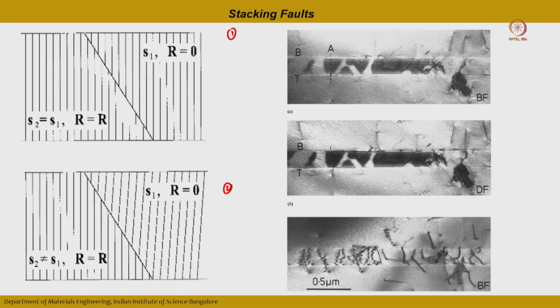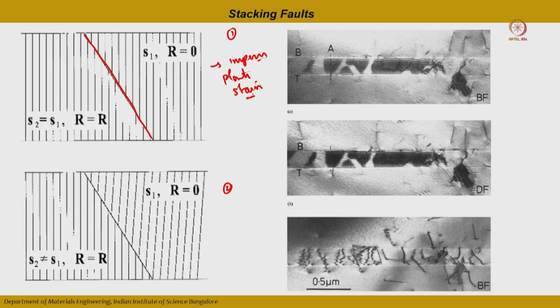On the left side, you can see the schematic of the orientation of certain planes, and these planes are cut by a stacking fault, and you can see that it imposes a plastic strain.